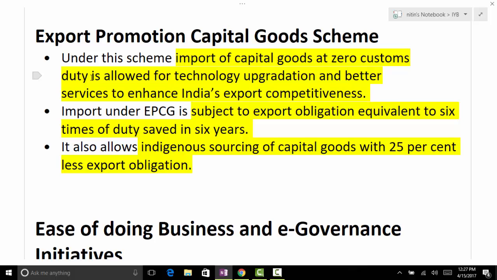Then there is a certain condition which makes it different: export obligation equivalent to 6 times the duty saved, in 6 years. That is, whatever duty you are saving, you have to export 6 times that in 6 years.